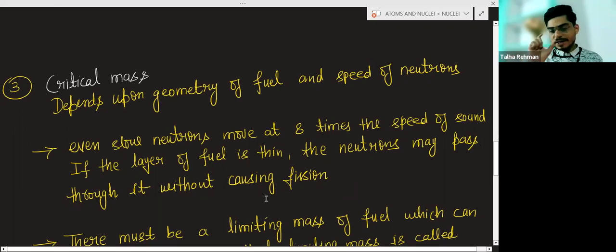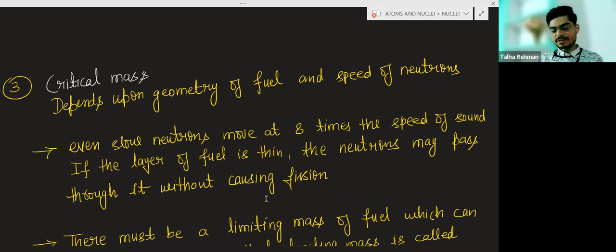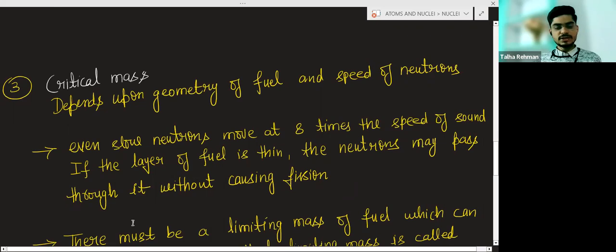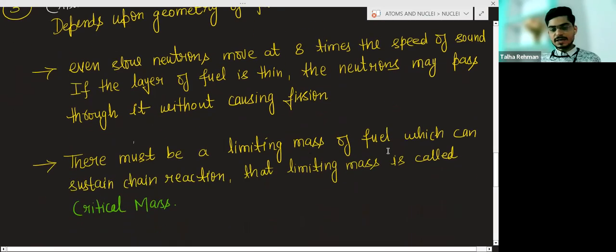So there is a minimum mass or a limiting mass for which the fission is sustainable. That mass of the fuel uranium-235 is known as the critical mass. There must be a limiting mass of the fuel which can sustain chain reaction. That limiting mass is called critical mass.